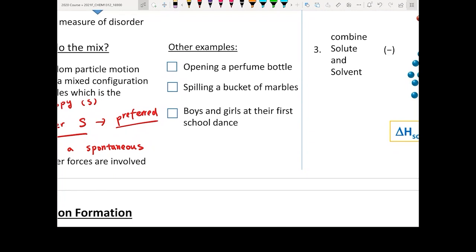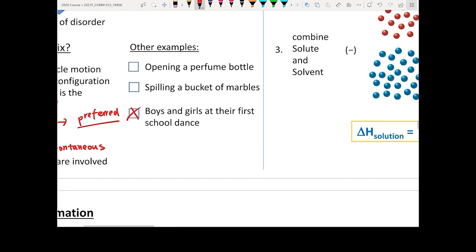Under that condition, the mixing is spontaneous. But in their first dance, they're repulsive, which prevents them from mixing with each other. So in this case, it probably won't happen spontaneously, but it's not because of the mixing process. It's rather because there's some other interaction between the two entities.